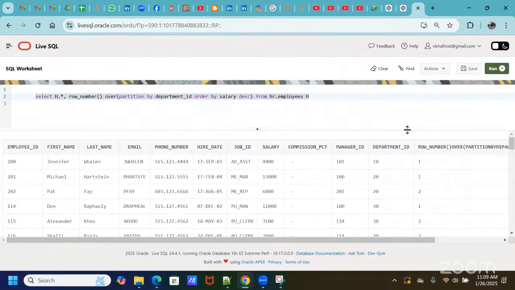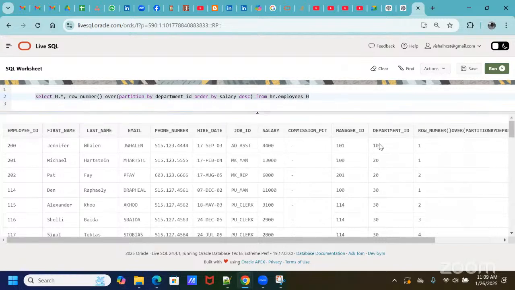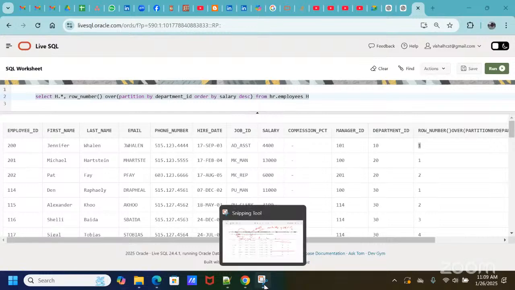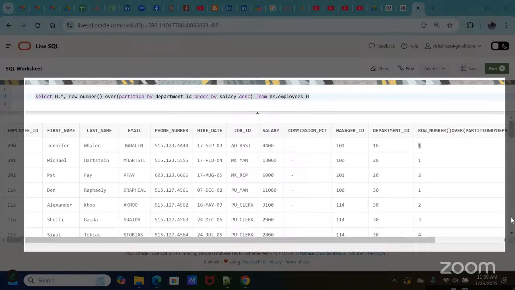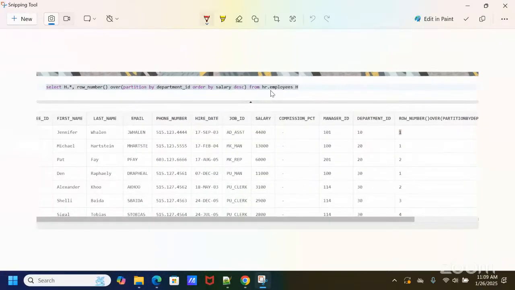It will give a number. See how this number works. Department 10 has only one person, row number one. Boundary change. Let's see this here. Boundary change.